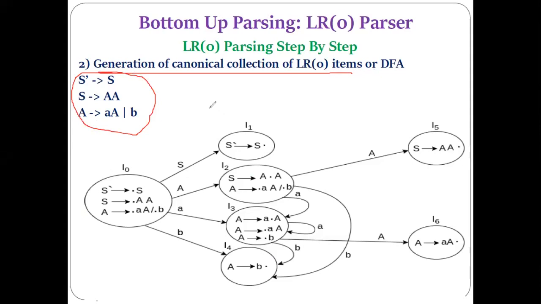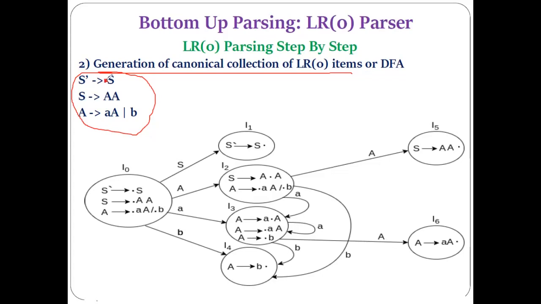Now we convert this augmented grammar by adding some dots. We'll add the dot in this grammar, starting with the dot at the start of the production, S dot here.